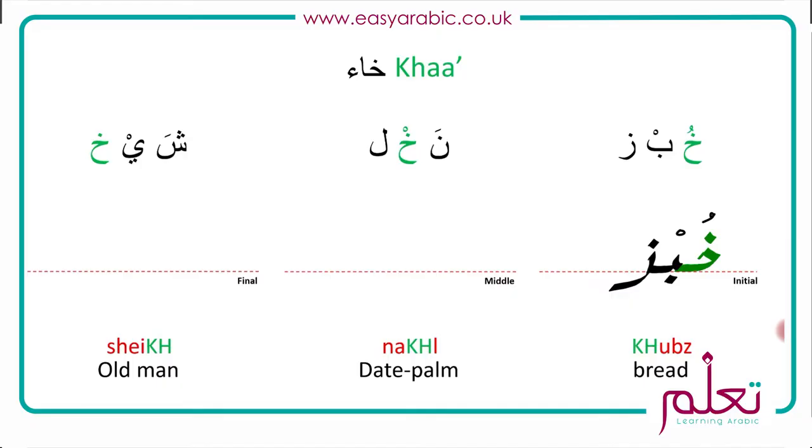Next we have Nakhl, which is the palm tree or date palm. So we have Noon. Then we have the Kha. Then we have the Lam. That is Nakhl.